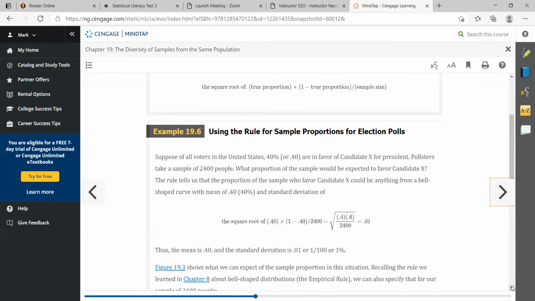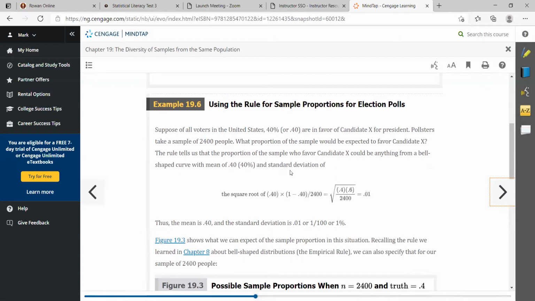Let's just look at an example of this right here. This is something that you should know. Suppose of all voters in the US, 40% are in favor of candidate X. This is a hypothesis. We don't know this for sure, but we're hypothesizing this.